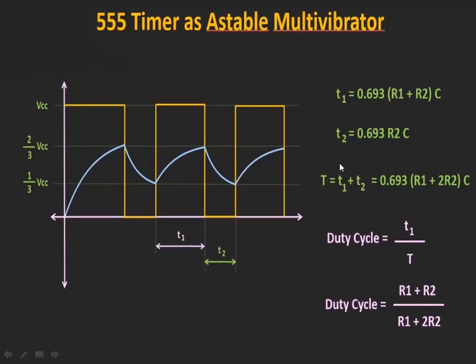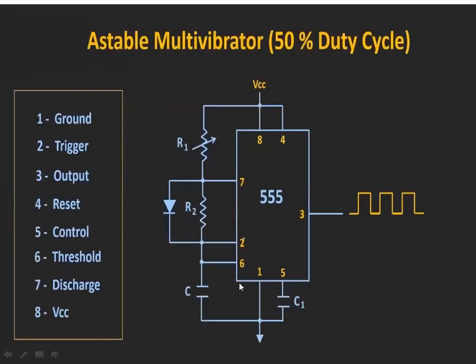For that, we are going to consider this circuit. What are we observing here? We are going to replace R1 with a variable resistor R1, and we are going to place a diode in parallel with R2. So now what happens during charging?